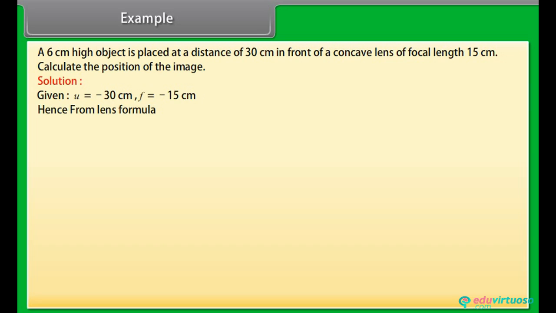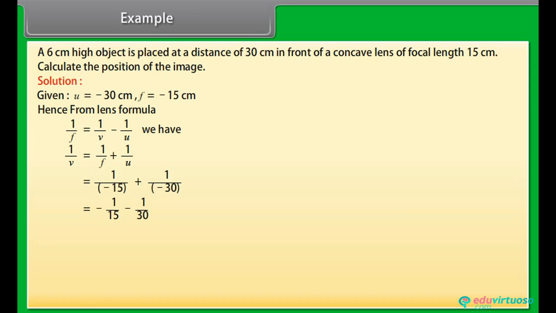Hence, from lens formula, 1 upon F is equal to 1 upon V minus 1 upon U. We have 1 upon V is equal to 1 upon F plus 1 upon U is equal to 1 upon (minus 15) plus 1 upon (minus 30) is equal to minus 1 upon 15 minus 1 upon 30 is equal to minus 3 upon 30, or V is equal to minus 30 upon 3 is equal to minus 10 centimeters.